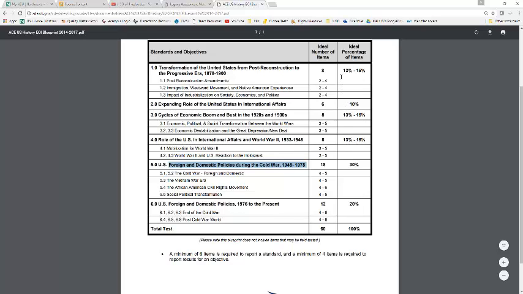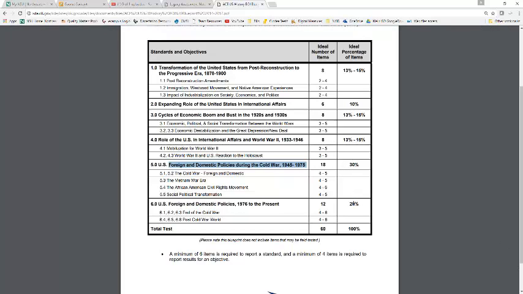So 112 times 13%, 112 times 10%, so that's 12 days or so here. I'm going to spend half my time teaching stuff since World War II, because half of the items on the assessment are since World War II. So that's how you use a blueprint.